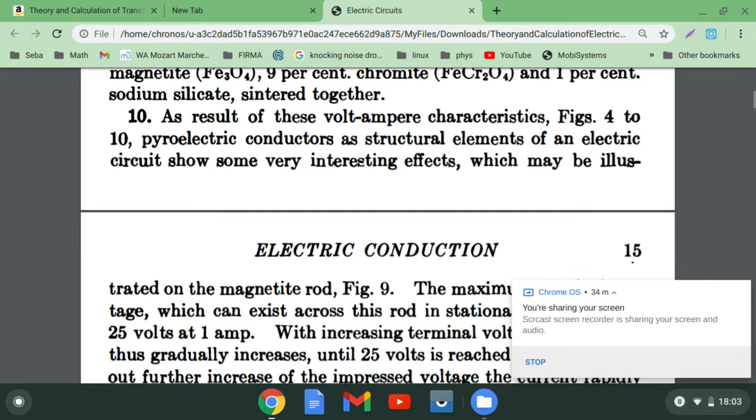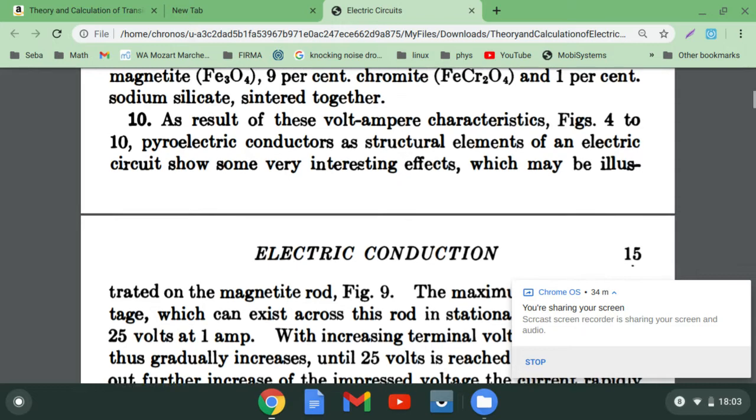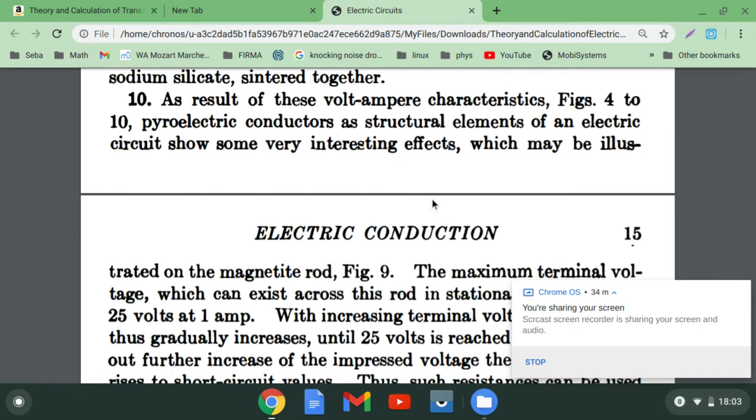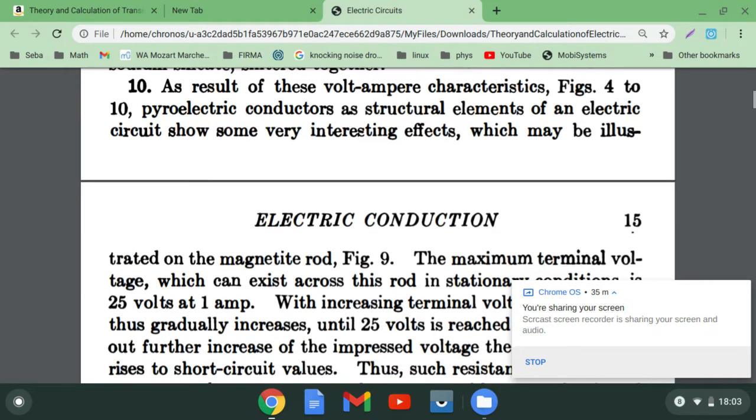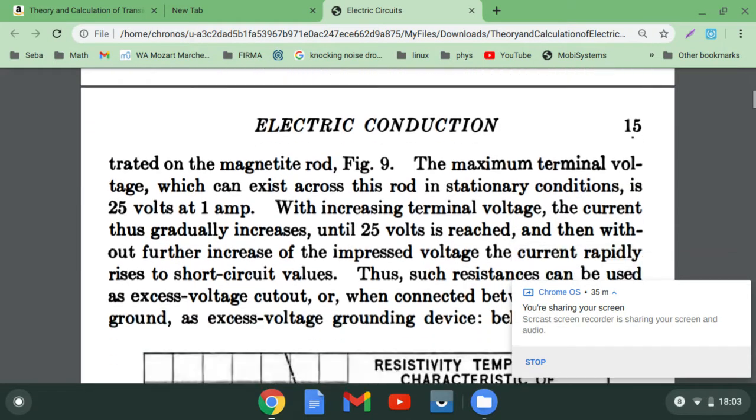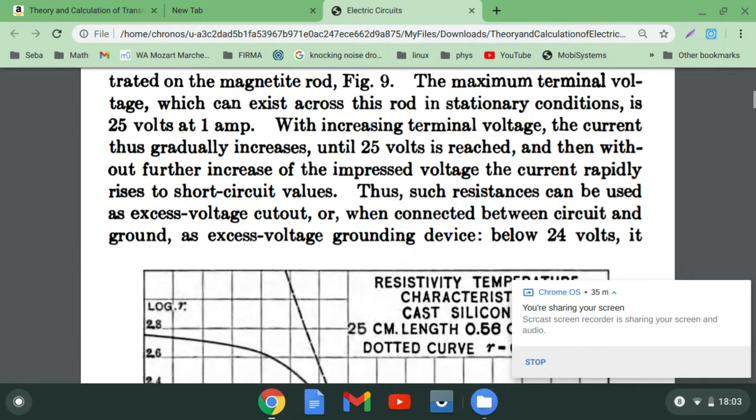As a result of these volt ampere characteristics, figures 4 to 10, pyrolytic conductors as structural elements of an electric circuit show some very interesting effects, which may be illustrated on a magnetite rod, figure 9.